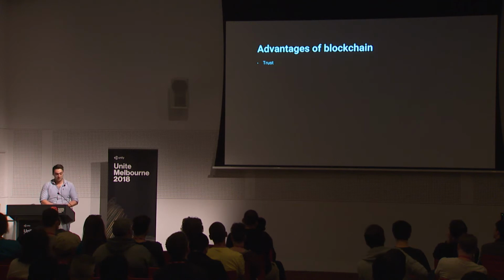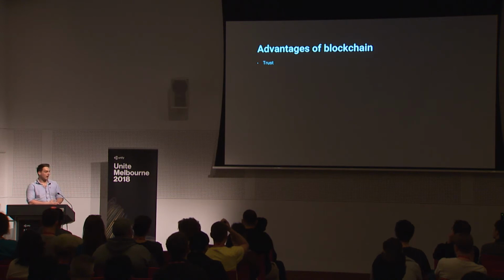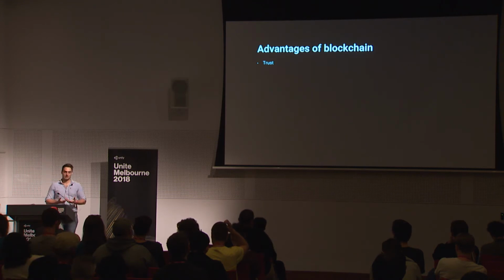Some of the advantages of blockchain then are trust. You can trust that the data on the blockchain is what it says it is, that it hasn't been hacked or modified, because everyone on the network is constantly validating it.